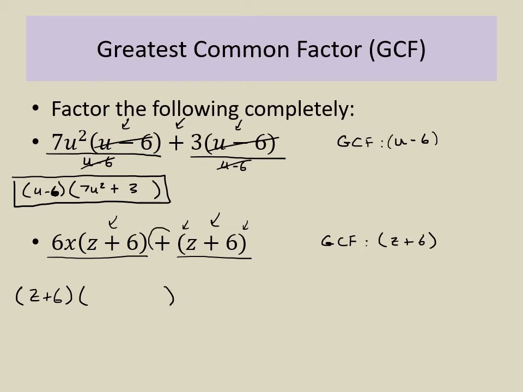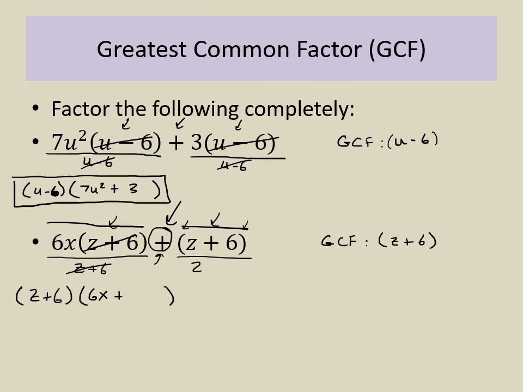So I essentially choose to separate this as one term and this as one term. What do I have left from these two terms that I've chosen? If I divide this by z plus 6, they will cancel, and then I am left with 6x, then the plus sign. Now, the tricky part continues.